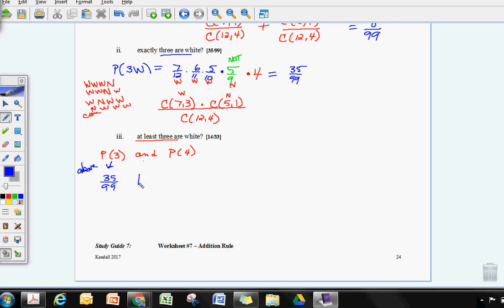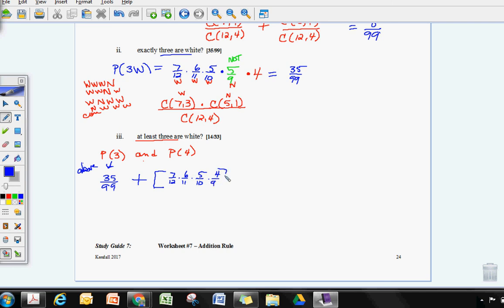Now, to that, I'm going to add the probability of 4. So if I had exactly 4 whites on that, that means I can work out the probability of 7 pick 12 times 6 pick 11 times 5 pick 10 times 4 pick 9.